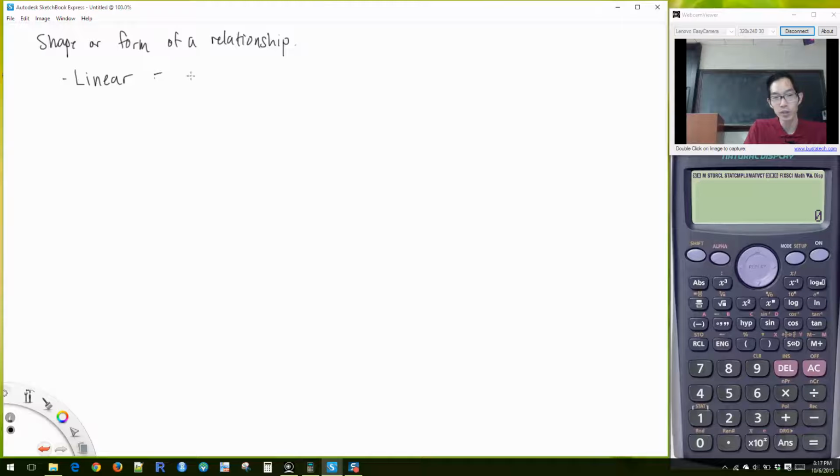But linear means a straight line can describe the overall trend. And nonlinear means a straight line does not work.